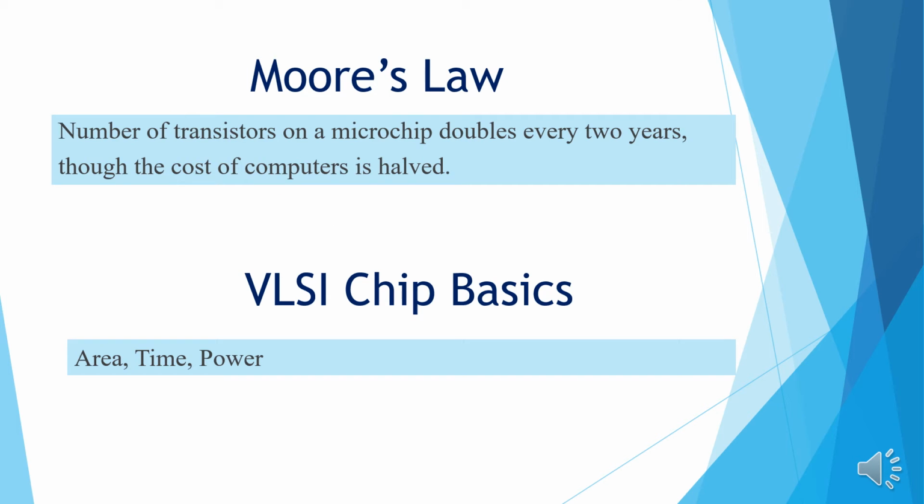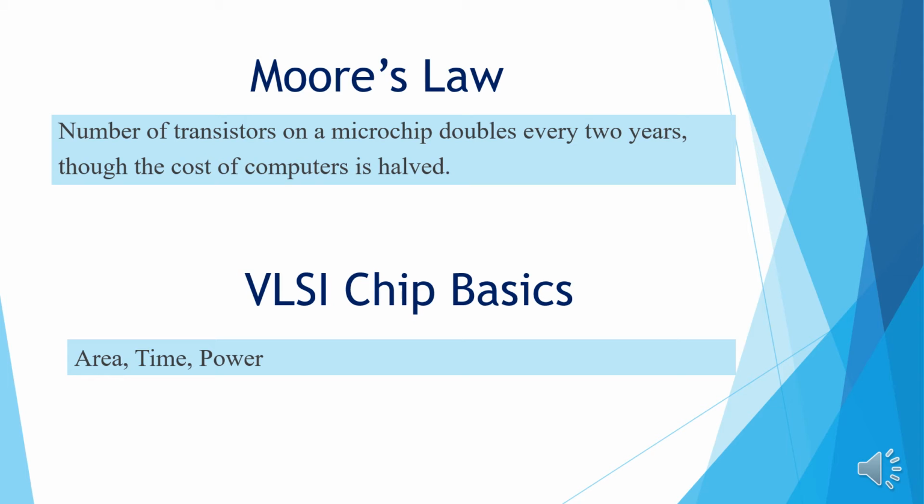In 1965, Gordon Moore, CEO and co-founder of Intel, stated that the number of transistors per chip will double every 2 years. Moore's prediction has been used in every semiconductor industry for long-term planning. The trade-off between cost and performance is fundamental to any system.